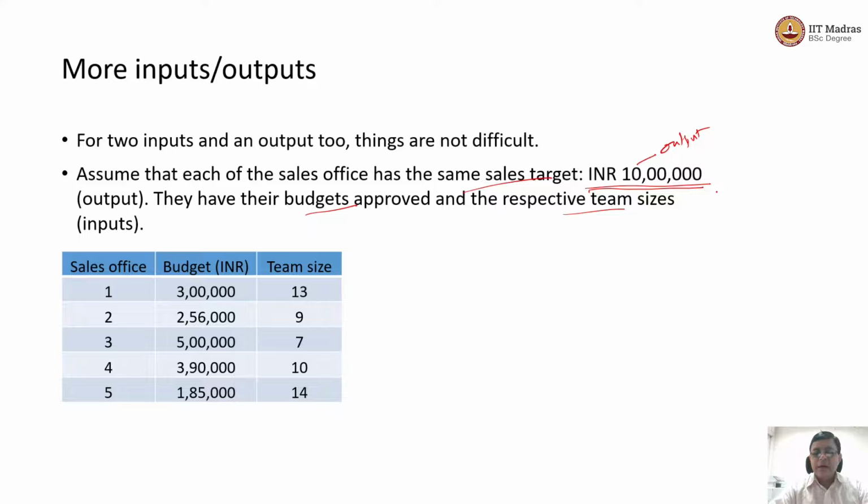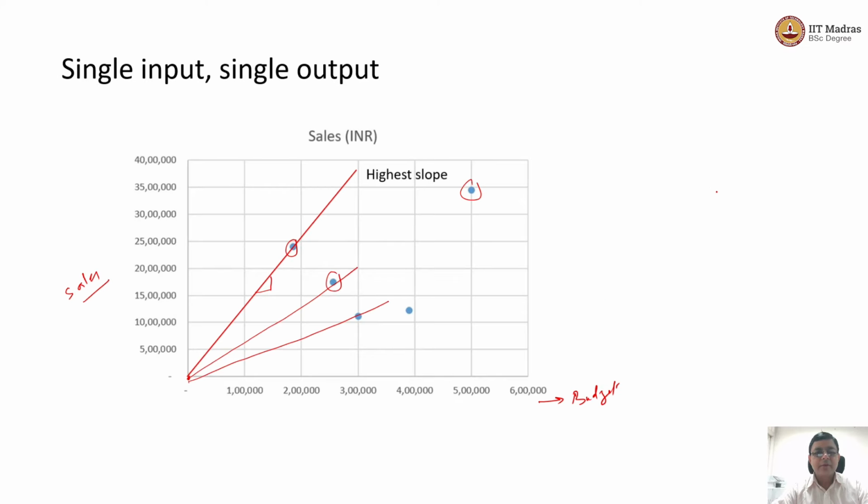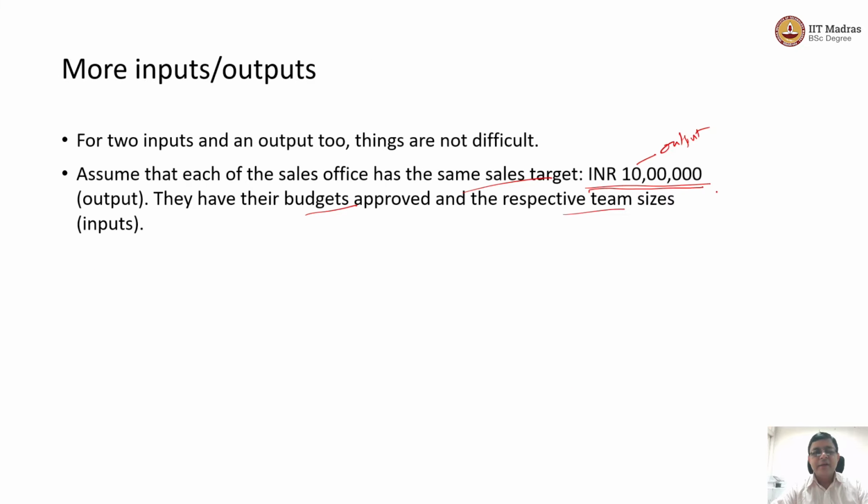Now, in the earlier graphical output, we plotted output on the y-axis and input on the x-axis. Remember this? So budget was the input variable which was plotted on the x-axis, and sales was the output variable which was plotted on the y-axis. In this example of 2 inputs and 1 output, we actually don't have to plot the output, because output is the same for all the 5 economic units.